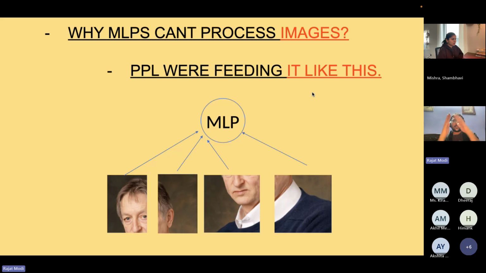If you input an image to it, all the information is mixed after the first layer because it's a dense connection, right? Every neuron is connected to every neuron, and then you can't train an MLP to do image reconstruction. That's why there is no MLP in the world which can take an input image and give the same image as output. There is no MLP which can be trained for image reconstruction.